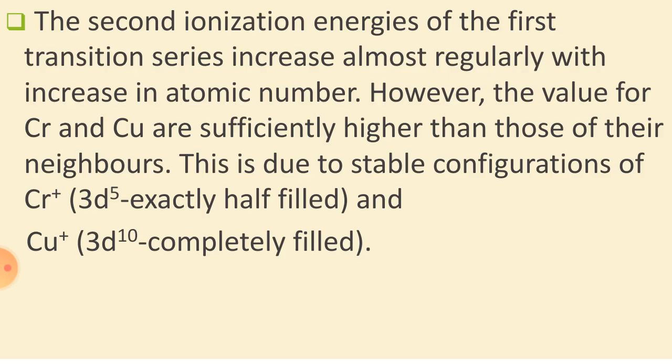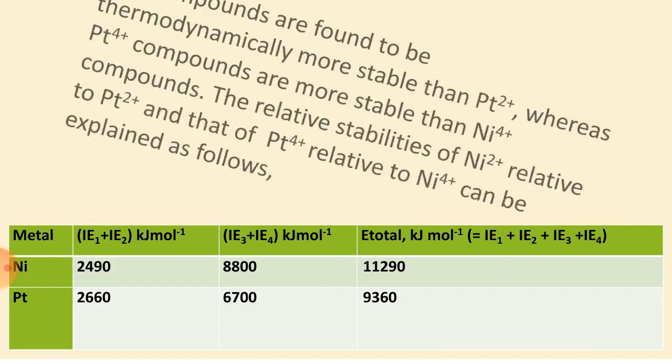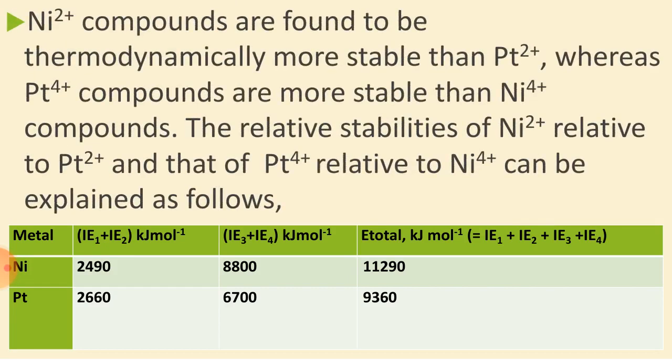Now students, some more points to note down, as sometimes this type of question may arise. Nickel 2+ compounds are found to be thermodynamically more stable than platinum 2+, whereas Pt4+ compounds are more stable than Ni4+ compounds. The reason is that the relative stability of Ni2+ relative to Pt2+ and that of Pt4+ relative to Ni4+ can be explained as follows.